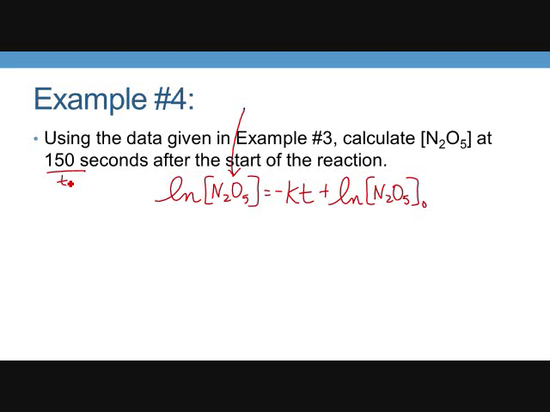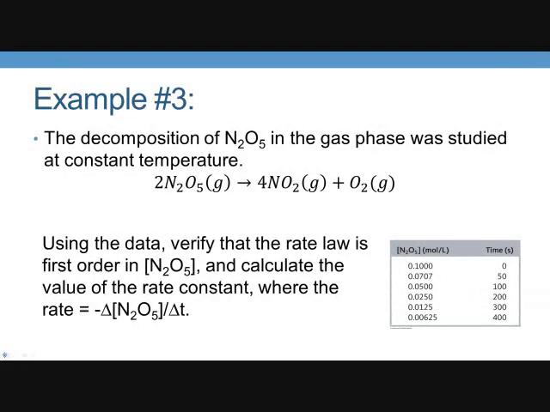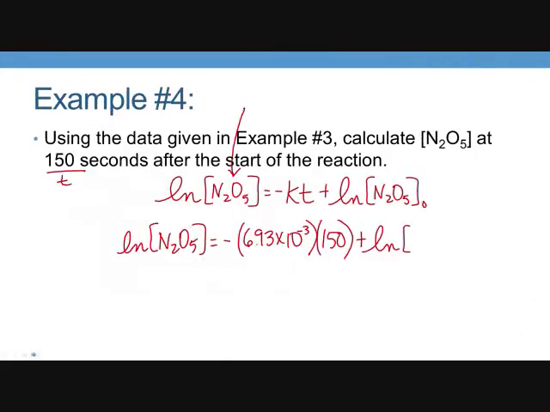Okay, so the natural log, we just solved for k, it was 6.93 times 10 to the negative third, times time is 150 seconds, plus the natural log, and if we go back to the table, when time equals 0, that's the initial concentration. So right here is the initial concentration because that's when time equals 0. Okay, so I'm going to plug in 0.1 for that last part in the equation.